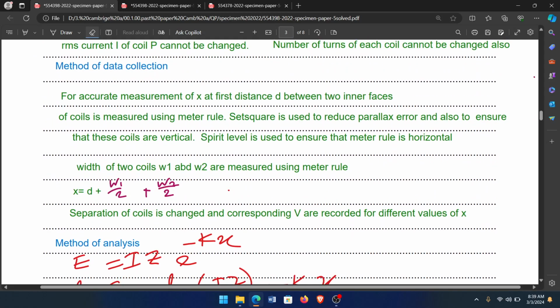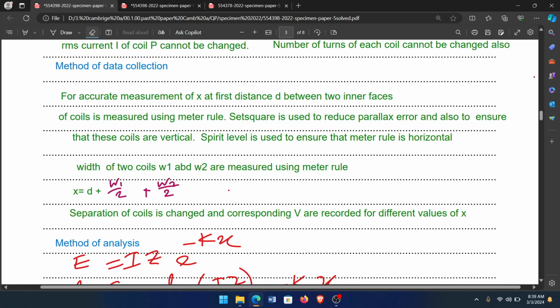Now come to the method of data collection. Look, in this part your focus will be how to measure the dependent variable and independent variable, and how to change the independent variable. Clear? So for each measurement of x, at first the distance d between two inner surfaces of the coils is measured using a meter rule.